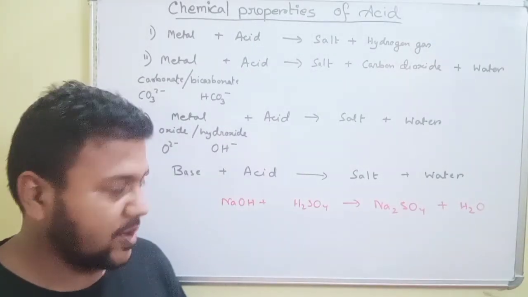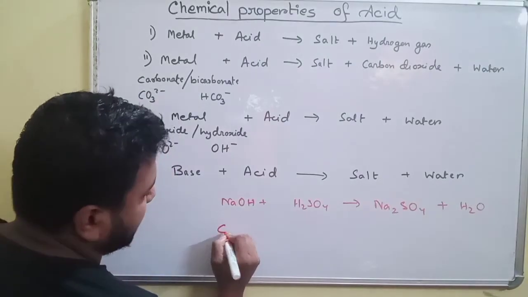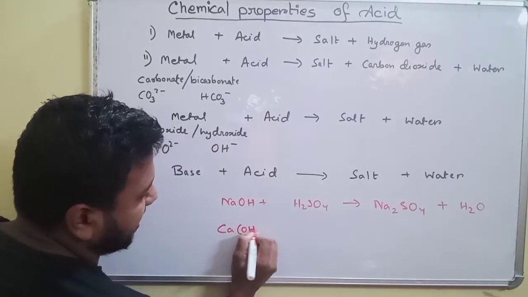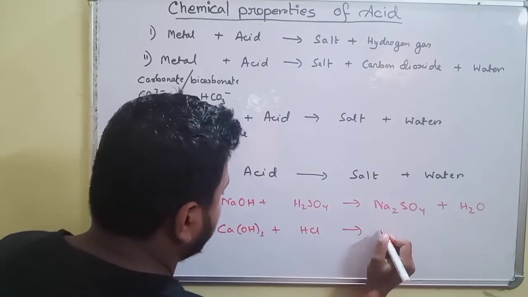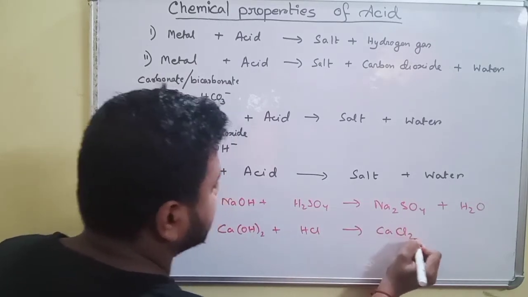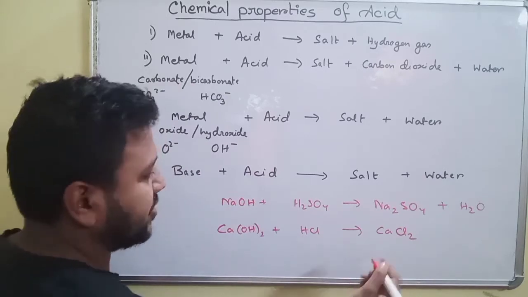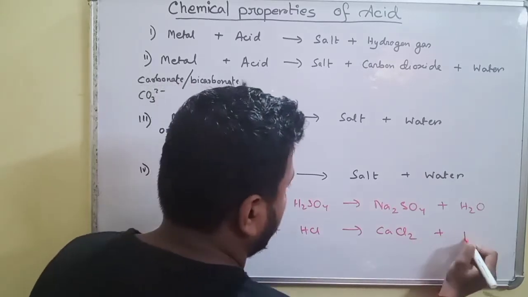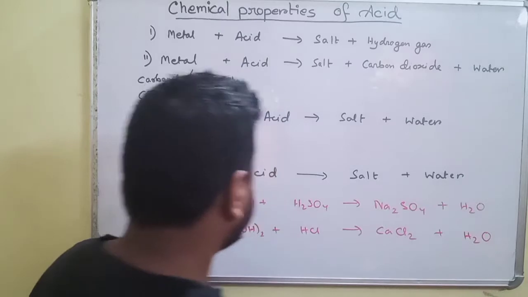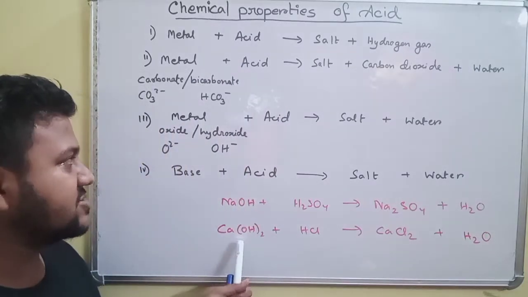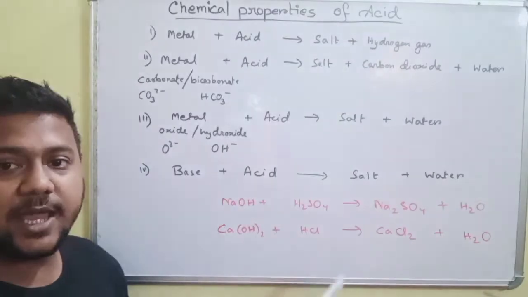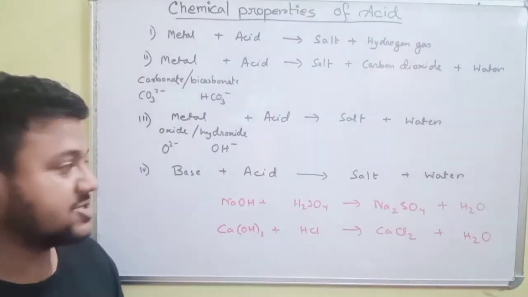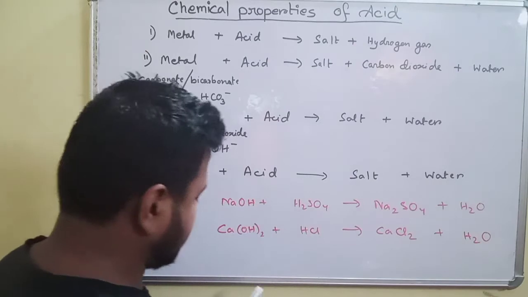Let us see one more example like calcium hydroxide when it reacts with HCl, they give us calcium chloride, CaCl2, with the liberation of H2O. This is the same reaction that we have studied about metal hydroxide when it reacts with acid. So these particular reactions are called neutralization reactions.